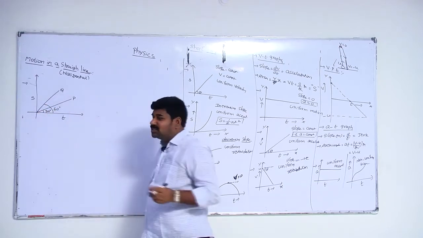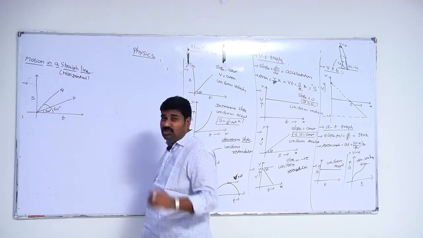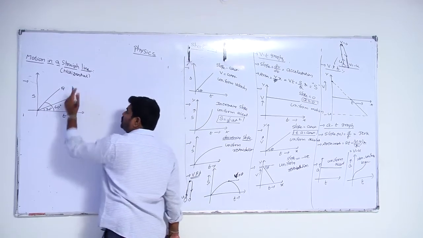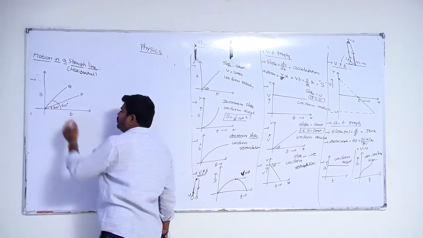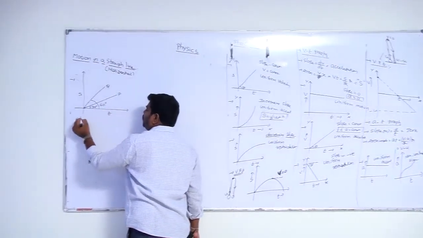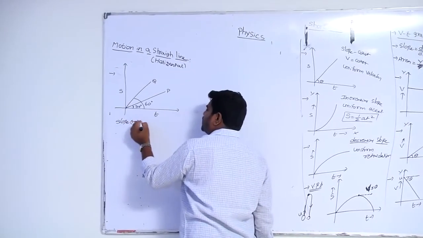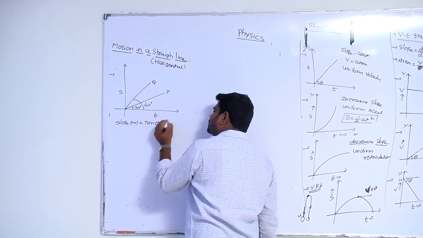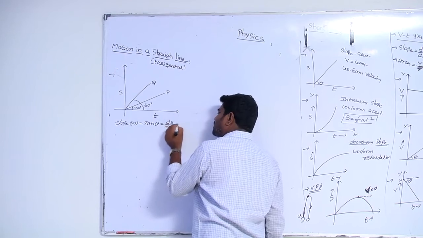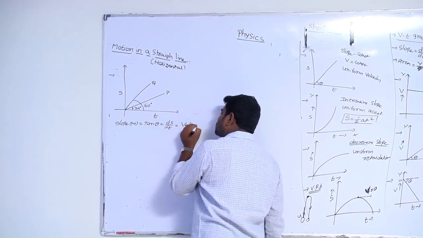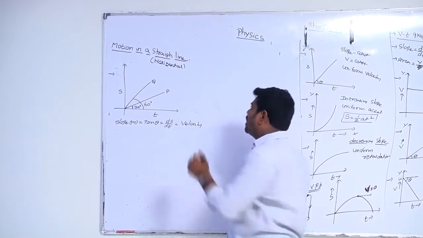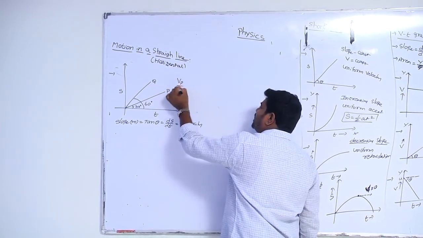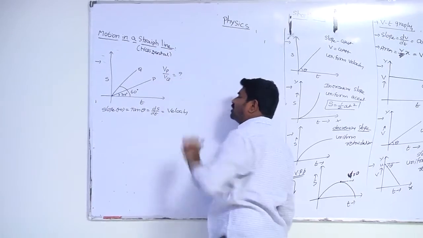Then, what is the ratio of the velocities of the two particles P and Q? Here, slope is tan theta, that is equal to ds by dt, that is nothing but velocity. We want to find the ratio of the velocities of P and Q.